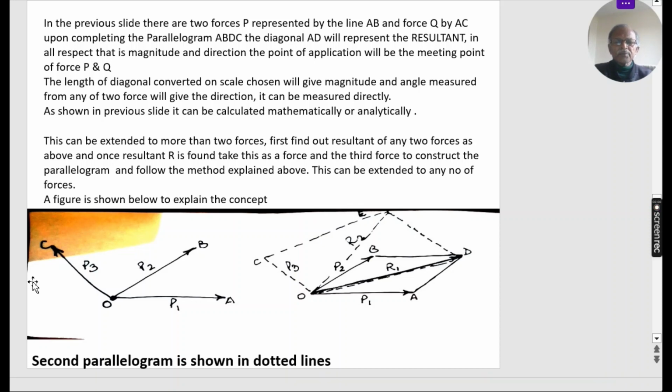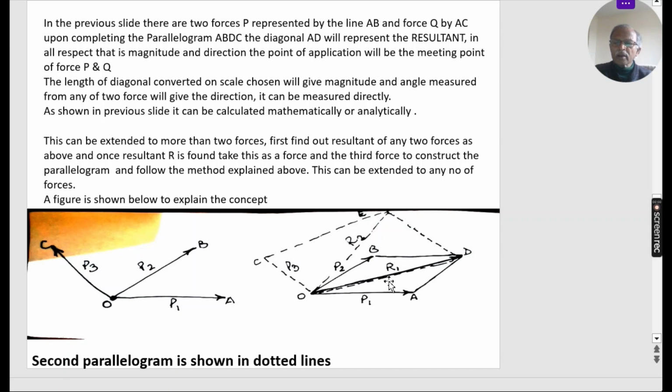For example, let us say we have three forces, P1, P2 and P3 acting at a point O. So let us first take P1 and P2 and we draw a parallelogram OADB, as I have explained earlier, and we find out the resultant R1. That means for forces P1 and P2 we can replace both of the forces with R1.